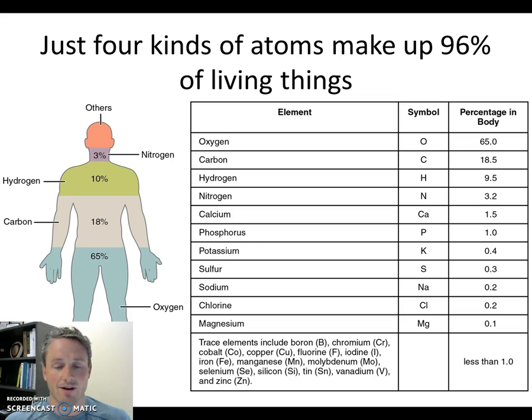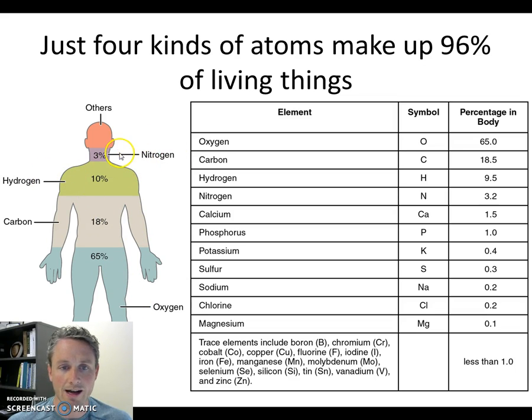Okay. Another thing that we are interested in terms of atoms is that, again, living things are made out of these atoms. And it turns out that there's just 4 kinds of atoms that make up the vast majority of every single living thing. And those are oxygen, carbon, hydrogen, and nitrogen.